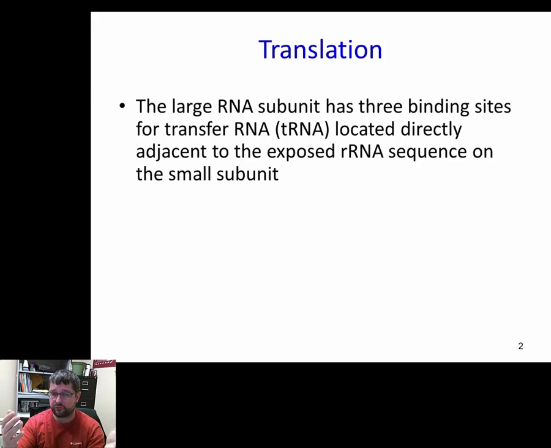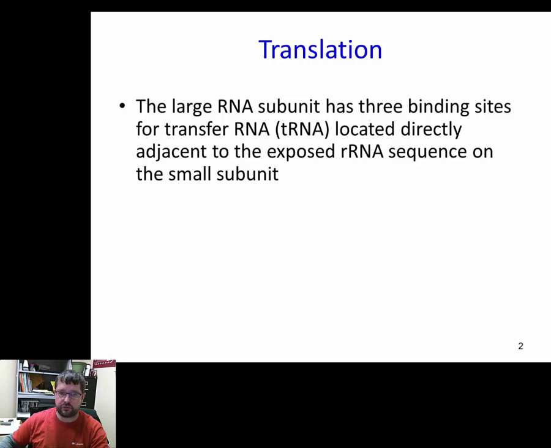Then that messenger RNA is going to leave the nucleus, come into the cytoplasm, or go into association with the ribosomes on the endoplasmic reticulum, and you're going to start building proteins from that messenger RNA. The way that works is you have another sequence of RNA, which we call transfer RNA. That transfer RNA is going to be associated with the codon on the messenger RNA.